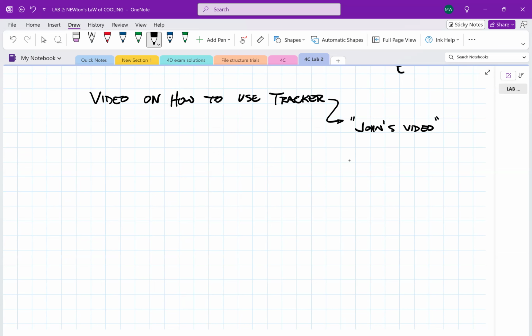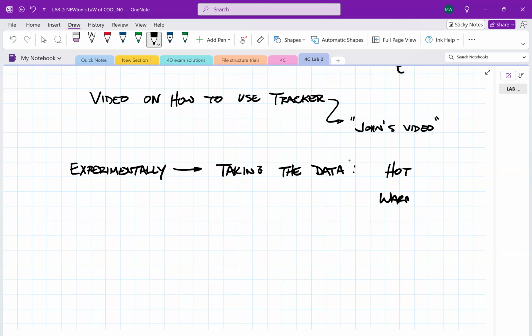And then, experimentally, what we'll do is we'll have the warm, and we'll have the cold.